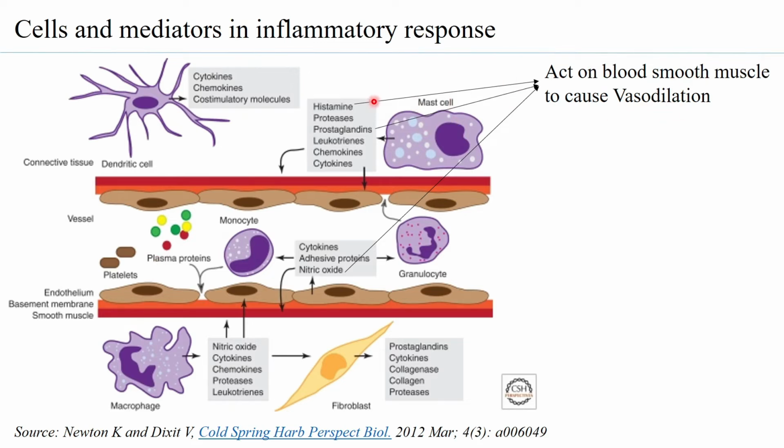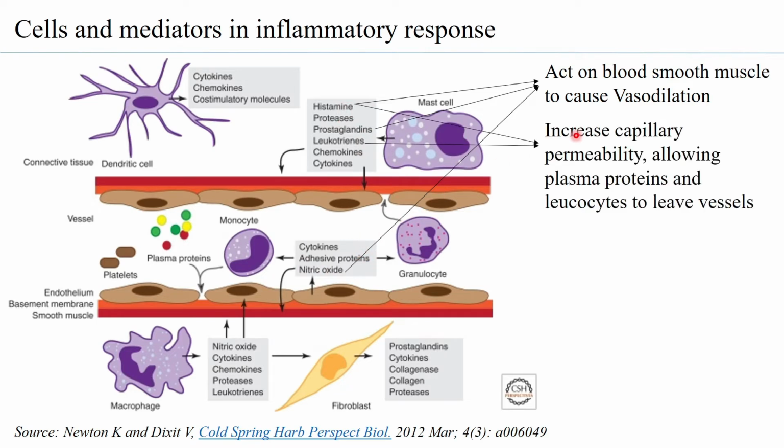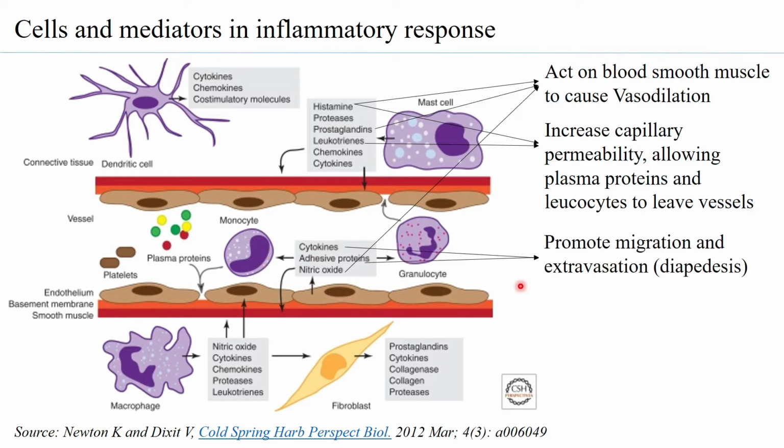So you can see how the histamine, the nitric oxide, and the prostaglandin are acting as chemical mediators to ensure vasodilation happens. Histamine and leukotrienes also increase the capillary permeability, allowing the plasma proteins and the leukocytes to leave the vessels, which is what we understand by diapedesis.